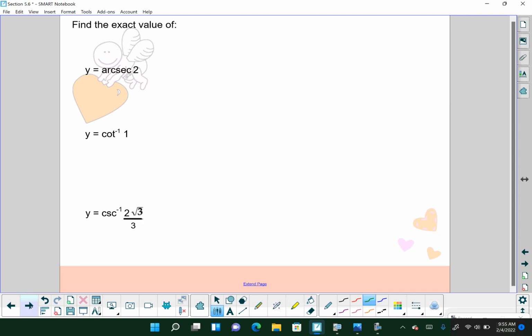Okay, next we have arc secant. Arc secant is defined in the same quadrants as its reciprocal, cosine, 1 and 2. So we're looking here for an angle y that has a secant of 2. Well, if something has a secant of 2, it means its cosine, its reciprocal, was 1/2.